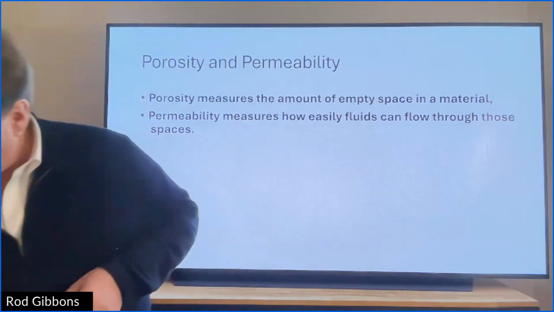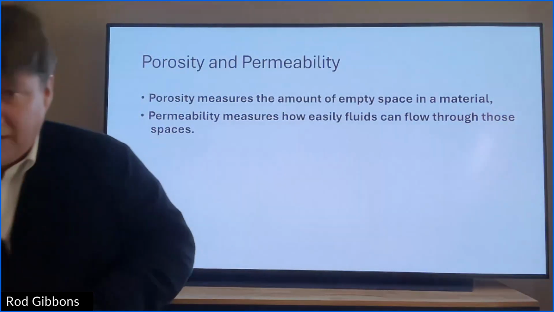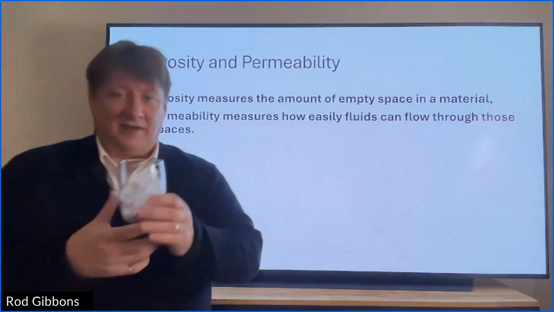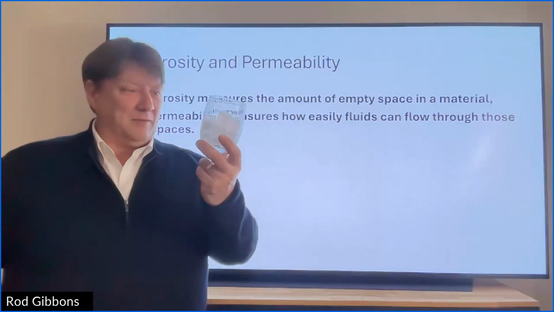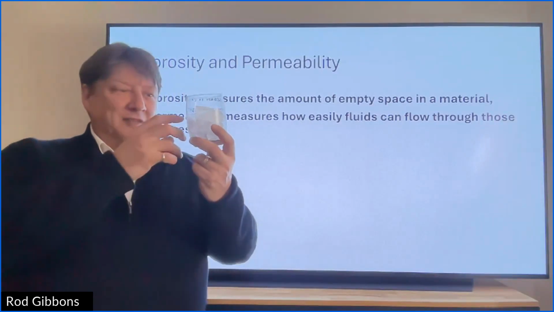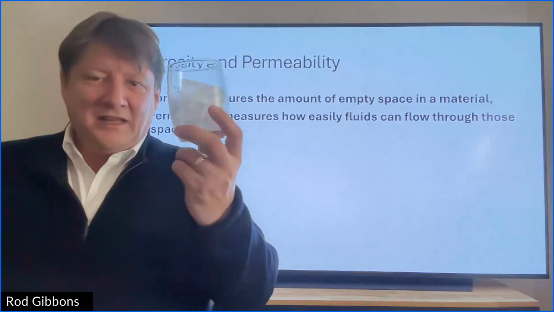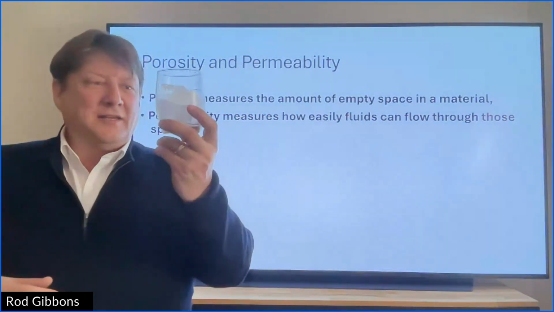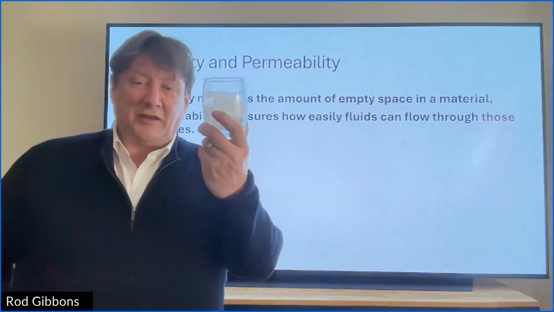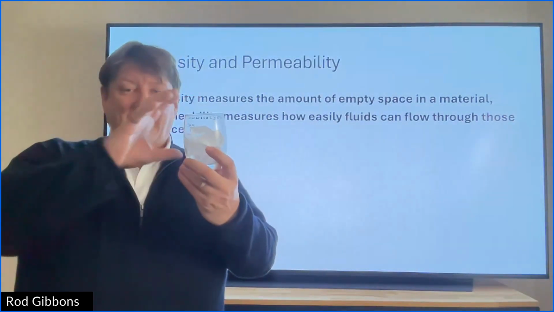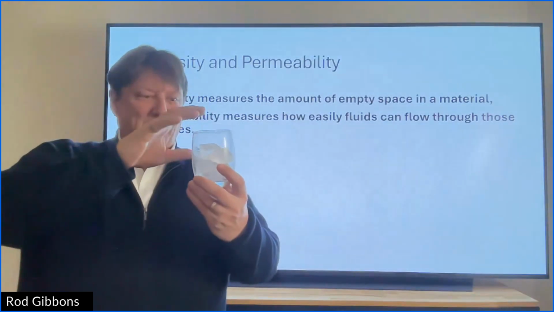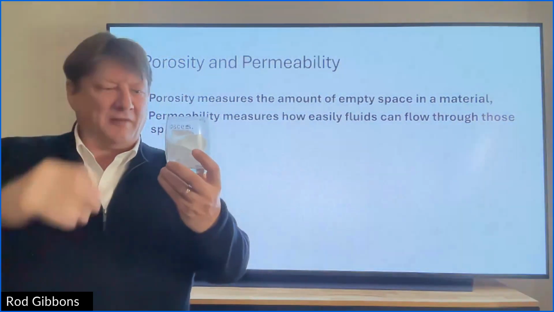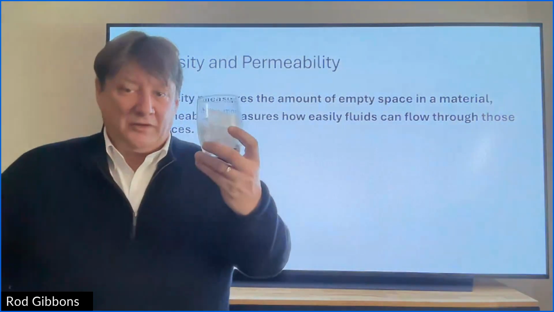If I were to use an example, take this glass with ice cubes in it, and imagine the ice cubes are actually grains of sand. The glass is full of ice. In a reservoir that's buried underground, there's enough contact between the grains that it supports the weight of the rock above it, so you can say it's full.